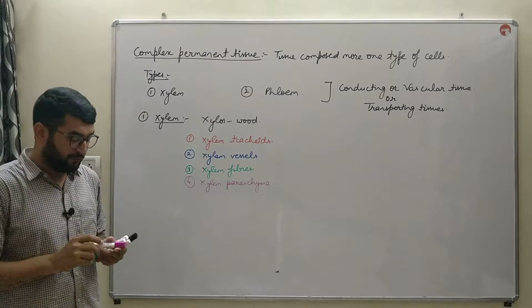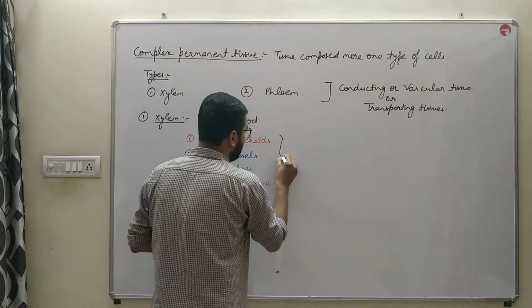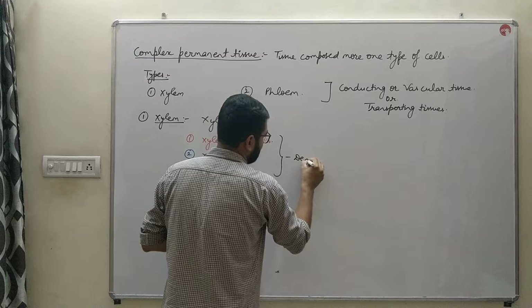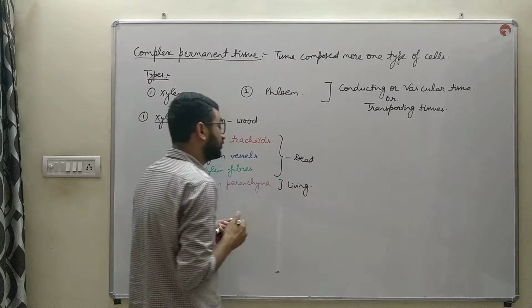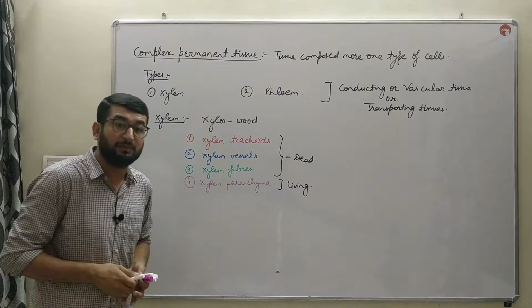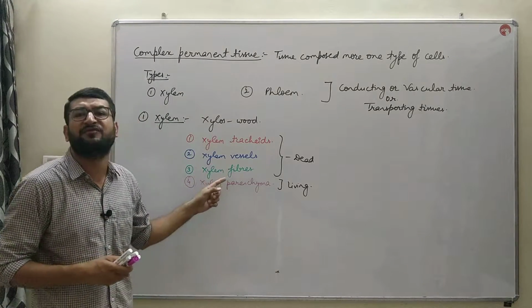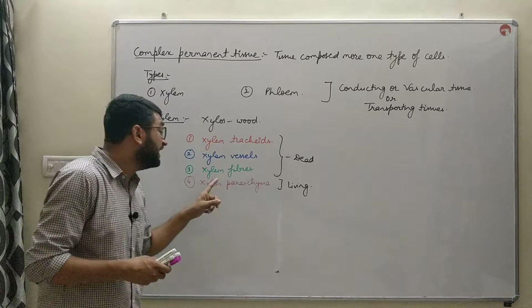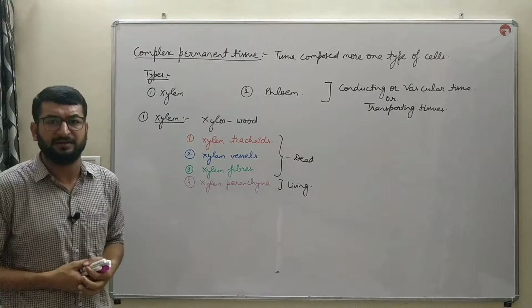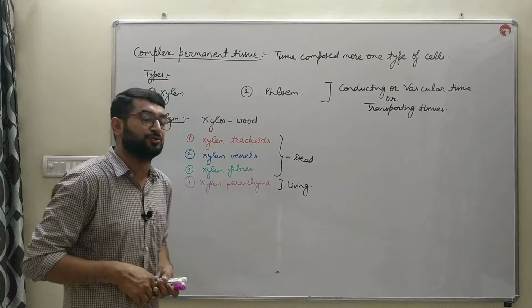Out of these four, three components are dead and one component is living. So xylem is composed of four components: xylem tracheids, xylem vessels, and xylem fibers, which are the dead part of xylem tissue. Whereas the only living part is xylem parenchyma. As you had discussed, parenchyma is a living tissue.